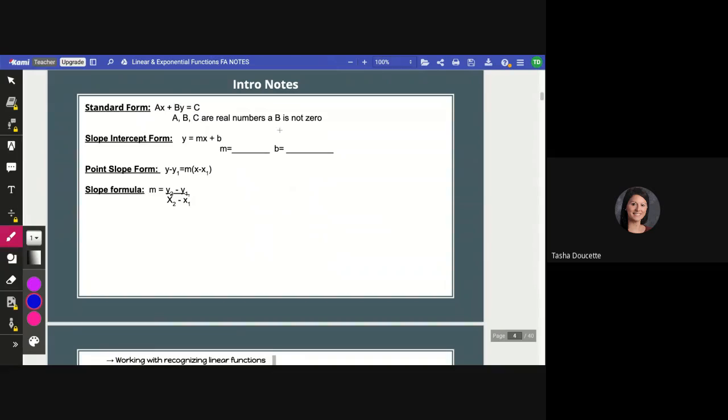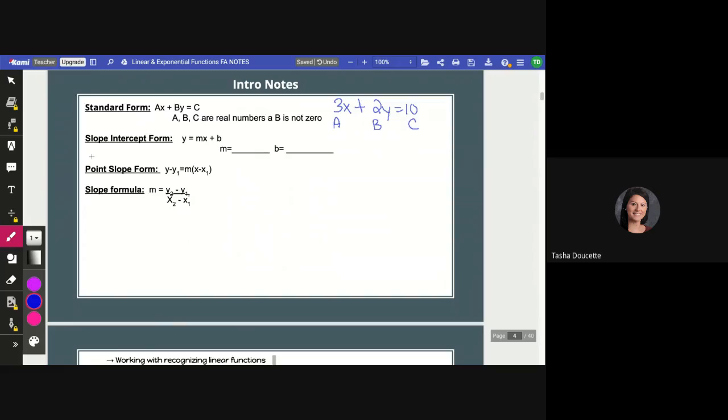B is not 0. So for instance, if you had this standard form 3x plus 2y equals 10, that means that your 3 is an A, your 2 is a B, and your 10 is a C. Okay, so we're just identifying what those variables are.